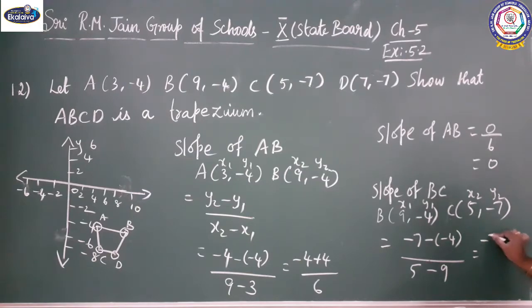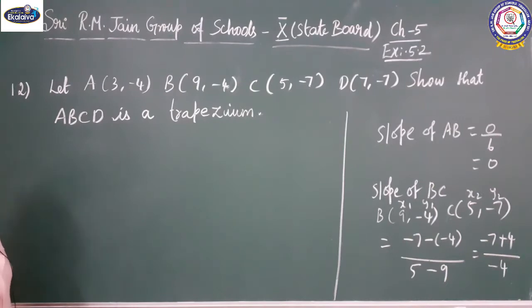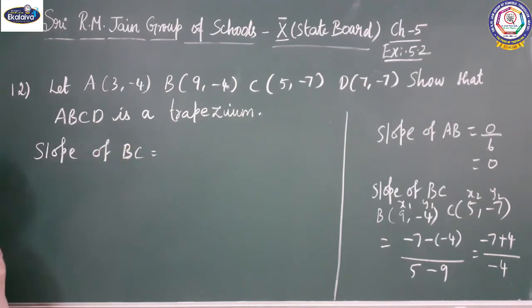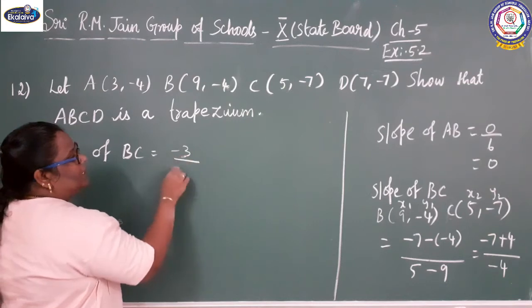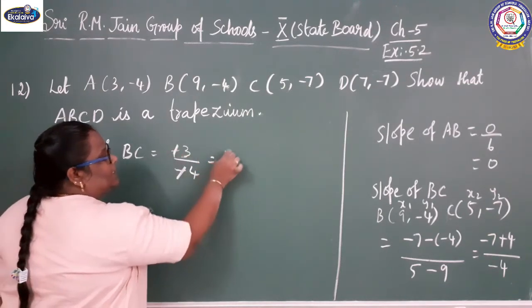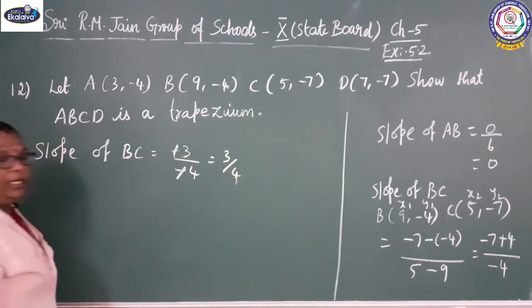So it gives minus 7 plus 4 by 5 minus 9, which is minus 4. Slope of BC equal to minus 3 by minus 4. The minuses cancel, and the value is equal to 3 by 4.